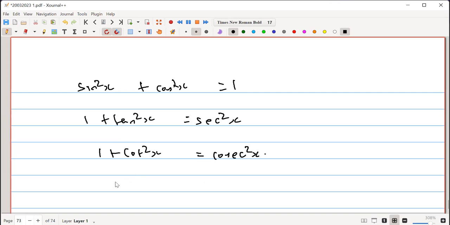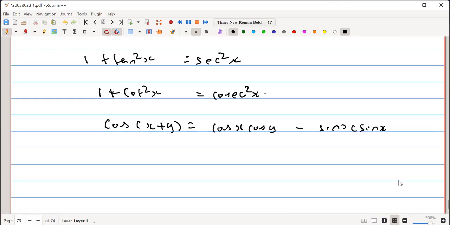Then cos of x plus y is cos x cos y minus sin x sin y. And cos of x minus y is the same with a change in sign: cos x cos y plus sin x sin y.